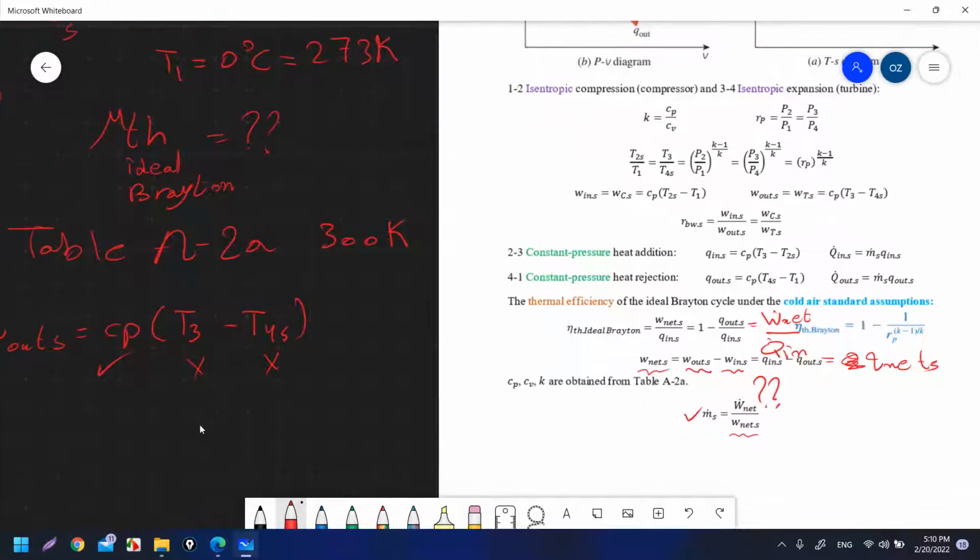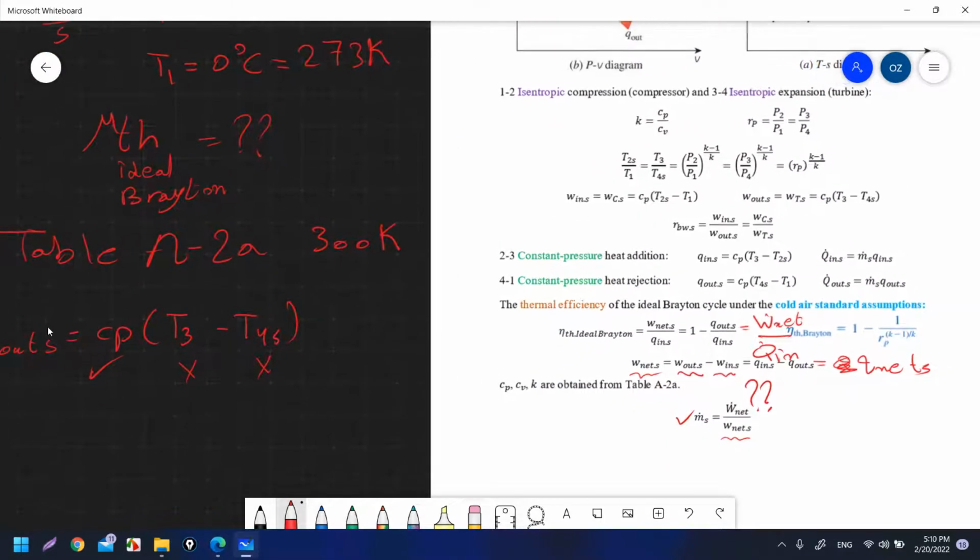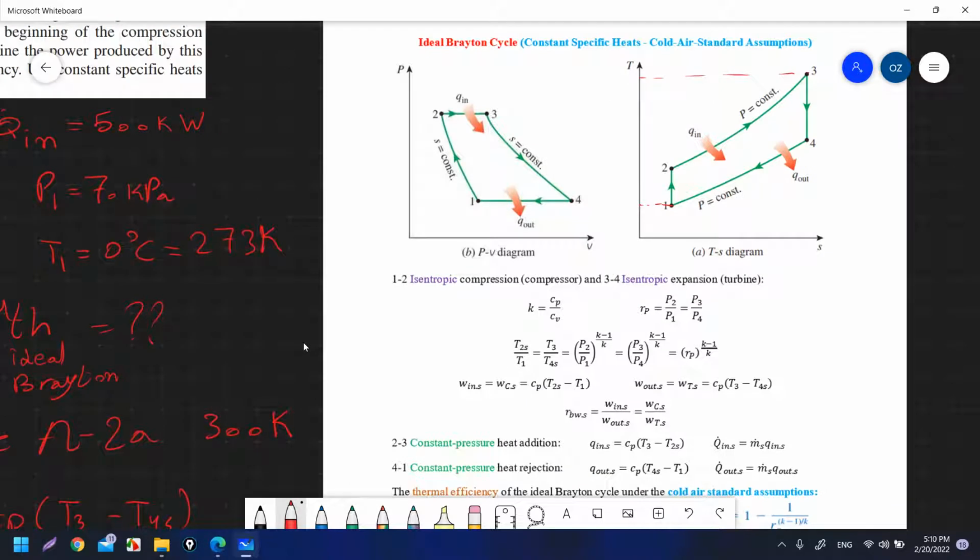It is obvious that we cannot find them because the turbine work out is here. We need to solve first for the beginning states. We need to solve first for T1. T1 is given, so we need to find T2. Then we can find the properties at states 3 and 4.